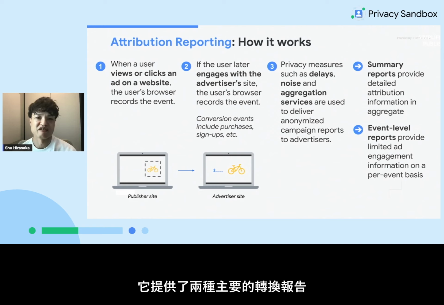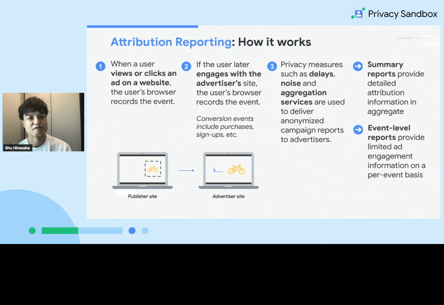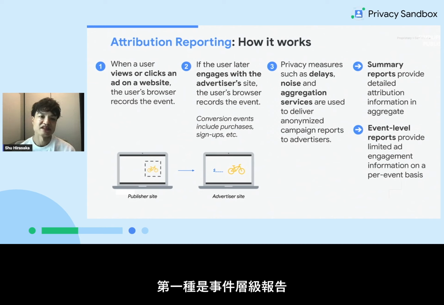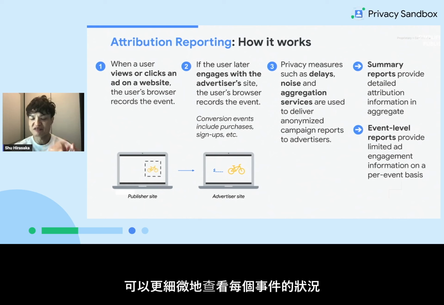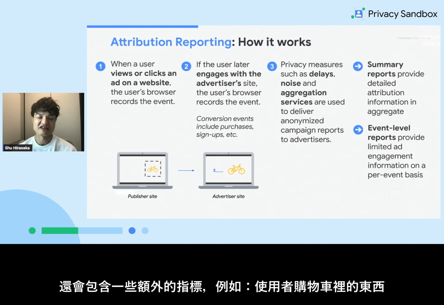There are two main types of conversion reports. The first one is event-level reports, which is more granular at the event level. The other type is aggregated or summary reports that look at information at an aggregated level, plus other indicators like what may be in the shopping cart.